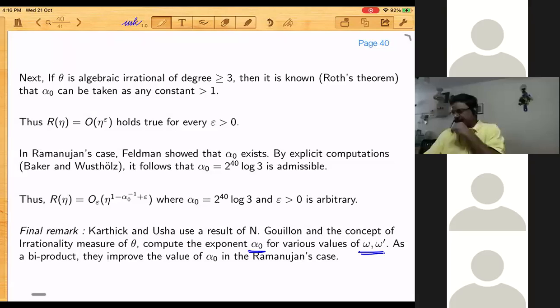So I encourage younger students to look into some of the problems of Ramanujan. There is always something to be done, and here is an example of that. So with this, I think I will stop my talk. Thank you.